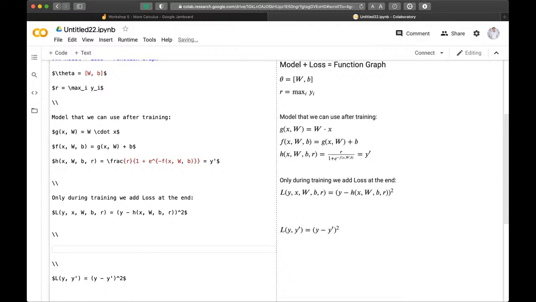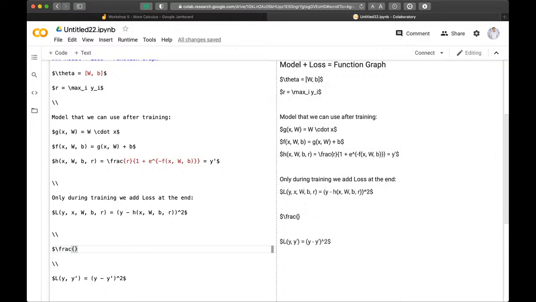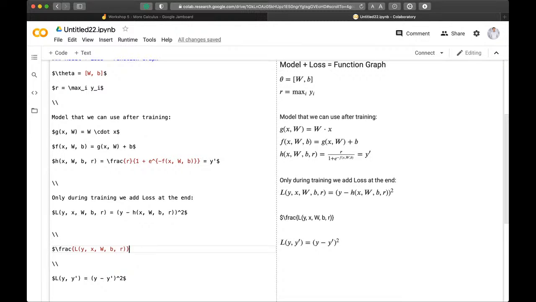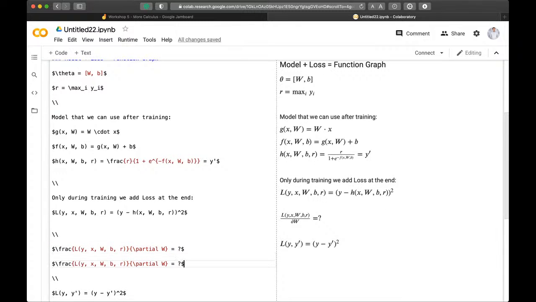To do that, we can formalize it by writing this, and the partial with respect to B, like this. So this is what we want to find.